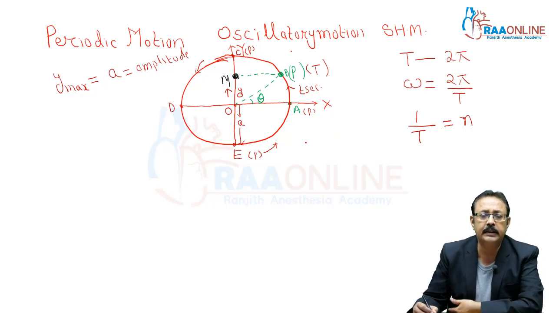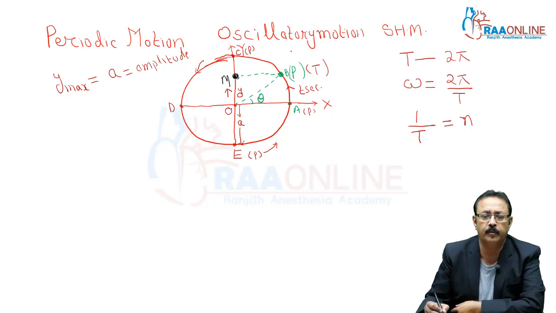So now in t seconds M reached this position from O. If this angle is theta, and OP is radius, meaning A, then we can say sin theta is equal to y upon A. It means y is equal to A sin theta.